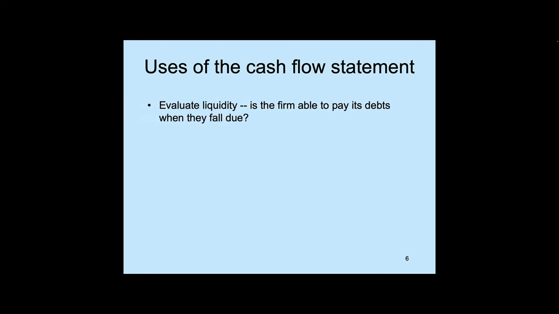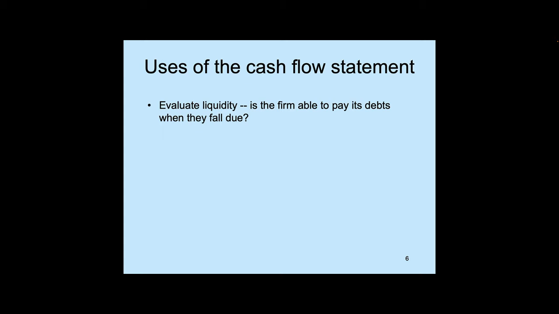So, how is it used? It helps us evaluate the liquidity of the company, that is, its ability to pay its bills as they fall due. A company that has substantial positive operating cash flows, especially relative to net income, we call a cash cow. You don't need to keep as much cash on hand for a cash cow because they're constantly generating cash.